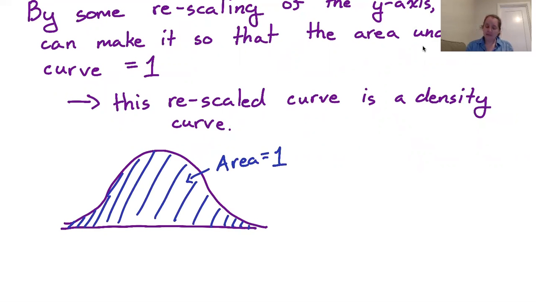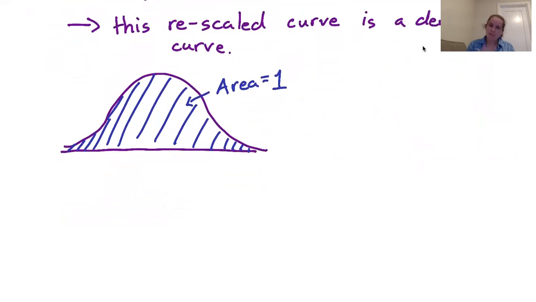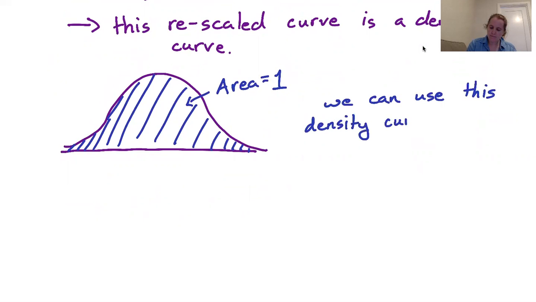So we can use this to find probability by using the area under the curve. So we can use this density curve to find probability.